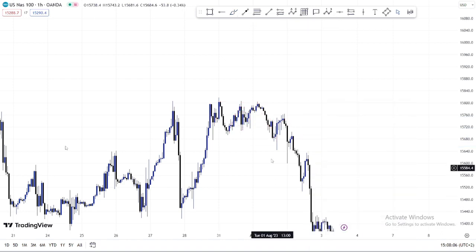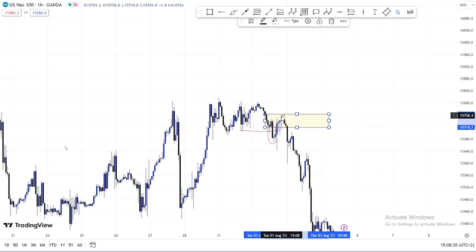Immediately when I saw this candle breaking this area, I put my zone here, expecting the market to return to this base and drop to this area.